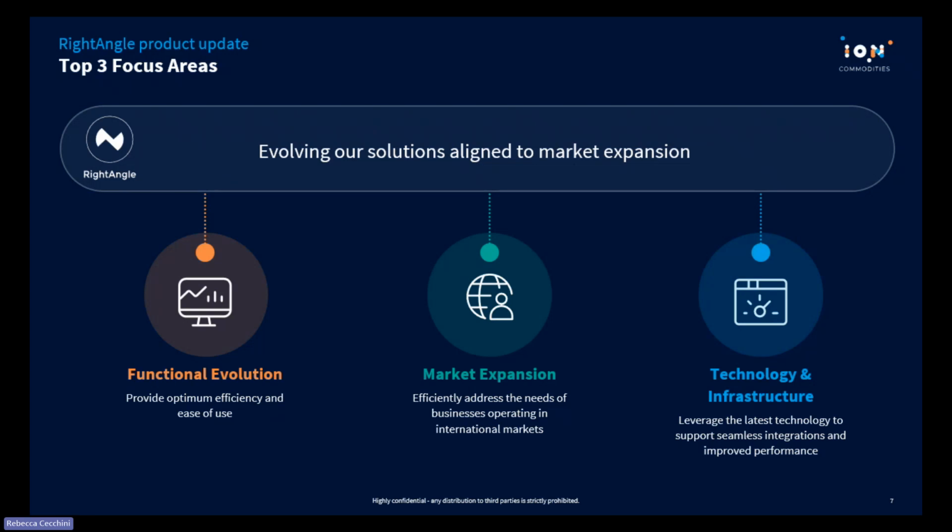So we work very closely with our services group and other stakeholders to look at what are some of those things you're doing on each project and what makes sense to put in core, just to reduce that implementation time and effort. We've made significant investments to position RightAngle for growth in international markets, so furthering RightAngle's success in North America, and advancing our technical landscape by leveraging the latest technology. And that allows us to support seamless integrations as well as optimizes performance.